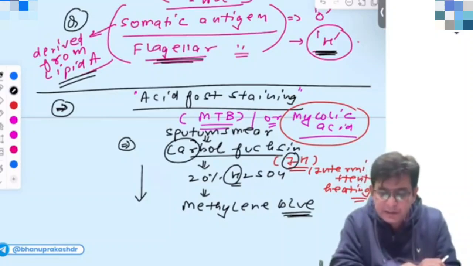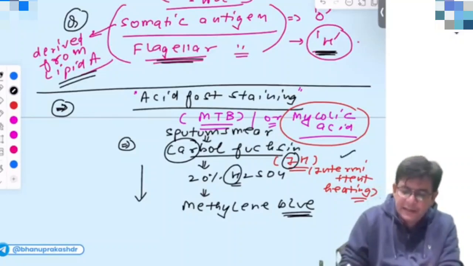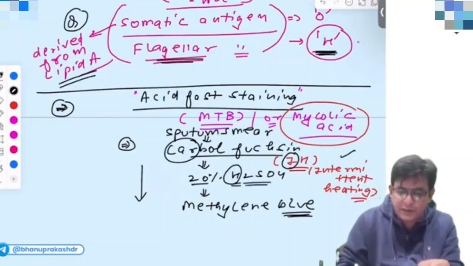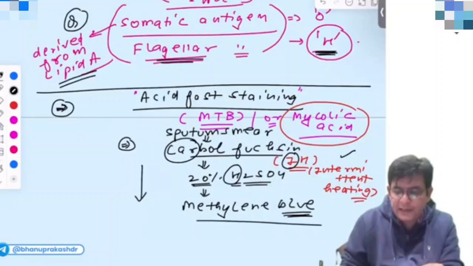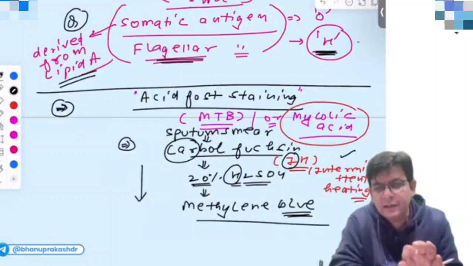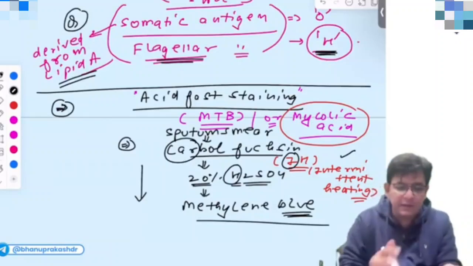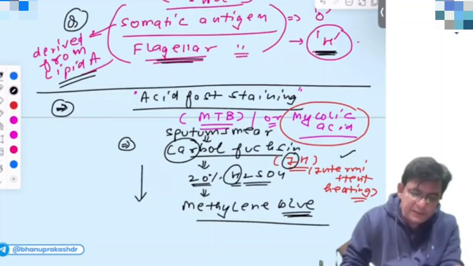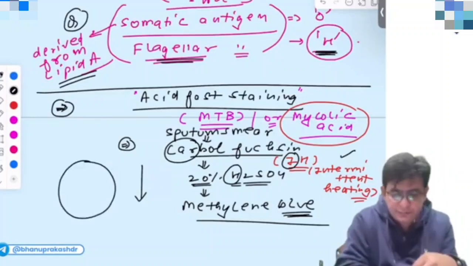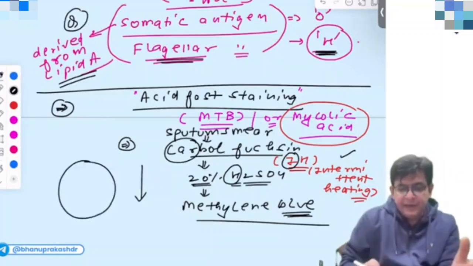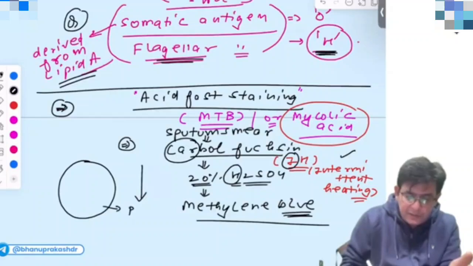So you should know that first you use carbol fuchsin, then you do intermittent heating, then you use the decolorizer, which one? 20% H2SO4, and then you use what? Methylene blue. And when you do this, what do you observe, guys? You observe a particular field in which the background is what?